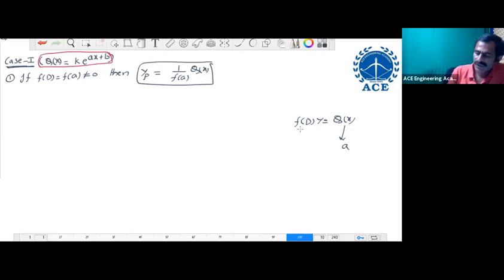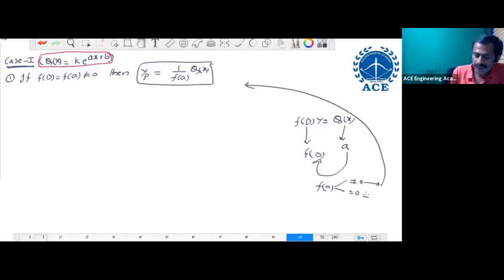From the homogeneous part, we find f of a. First we get f of D from this, and we substitute a here. We check whether f of a is not equal to 0 or equal to 0. If not equal to 0, we directly write yp like this. Suppose it equals 0, then we go to the next case.